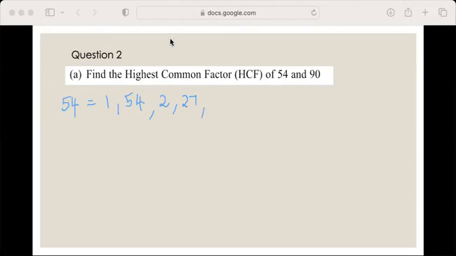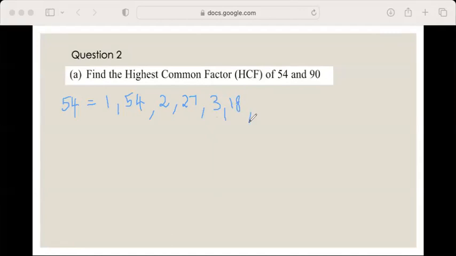Right. So what are the other factors of 54? Even 3 is a factor of 54. 3 times 18 is 54. So 3 and 18 are also factors of 54. 4 isn't a factor of 54.